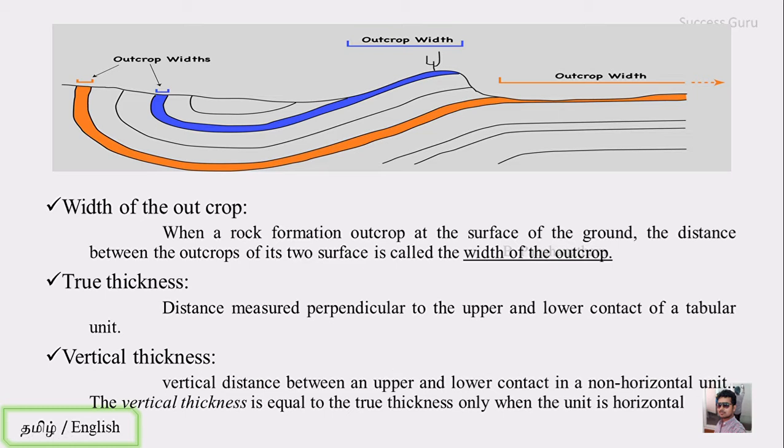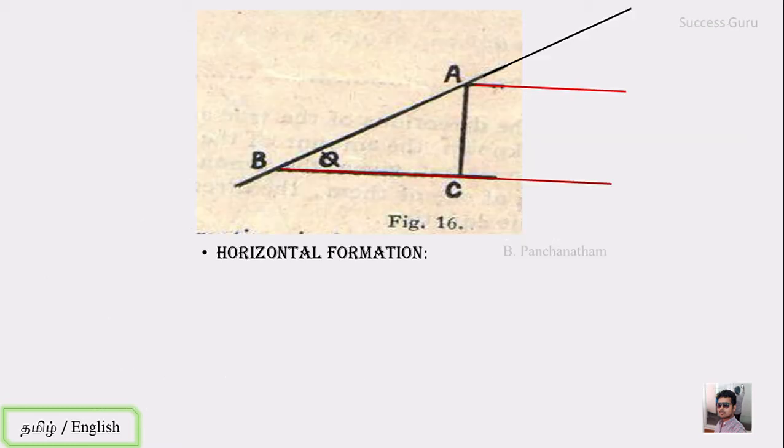If you still have some doubt, let us clear it in the forthcoming slide. This is an example of a horizontal formation. This line will be the ground slope, and this line will be the thickness of this formation from A to C. This is a rock formation, this is the upper contact and this is the lower contact.